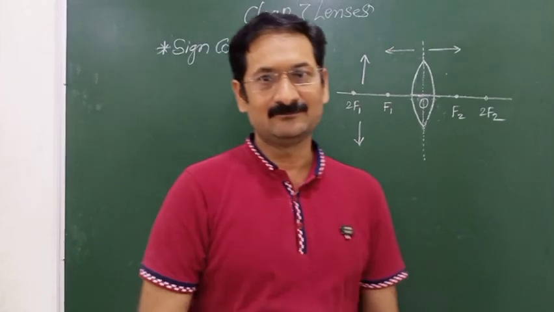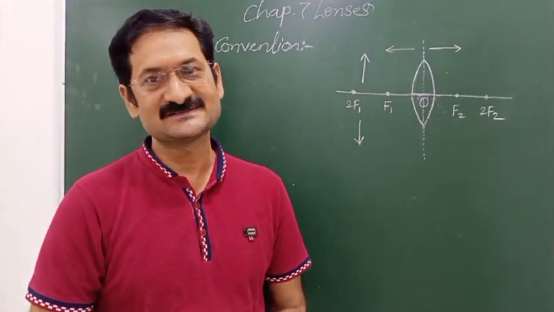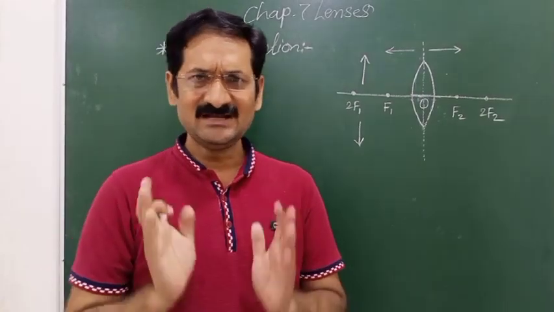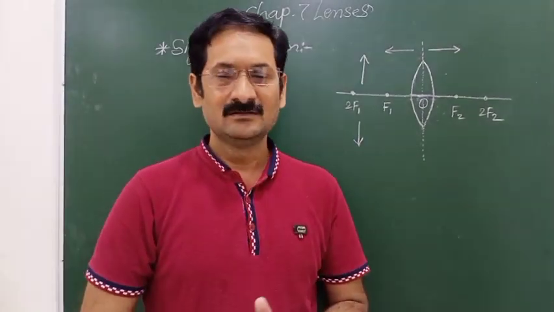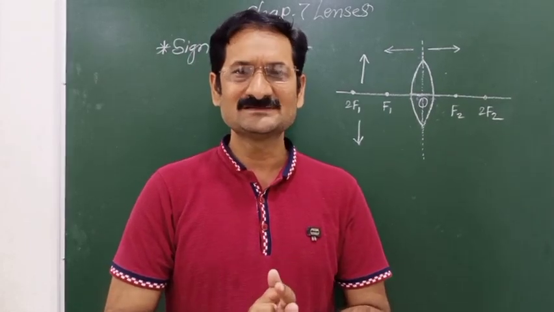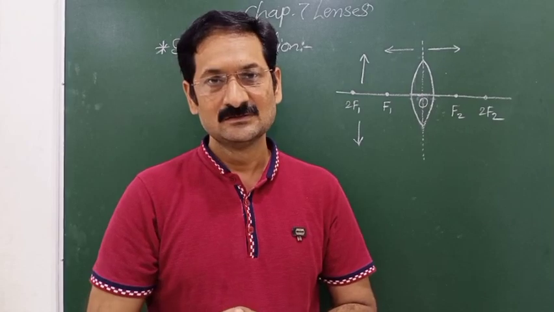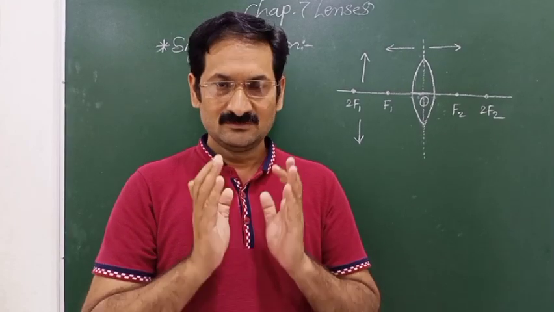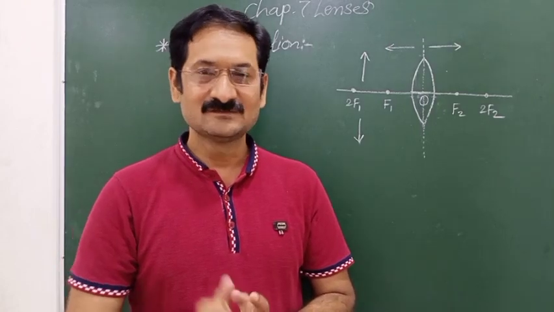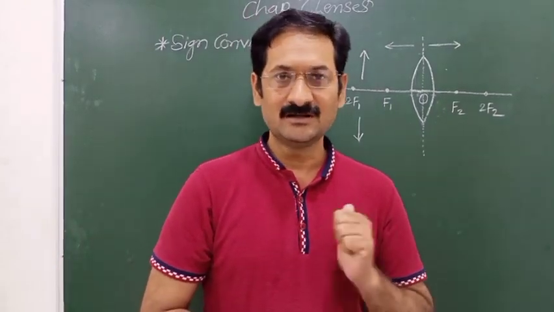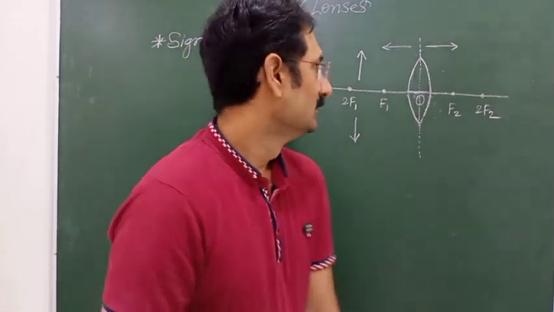In standard 9, we studied the sign convention for spherical mirrors. A similar sign convention is used for lenses, but with some differences, because there is always a difference between a mirror and a lens. Some criteria are the same in lenses and mirrors. So we just have to learn the sign convention for lenses.